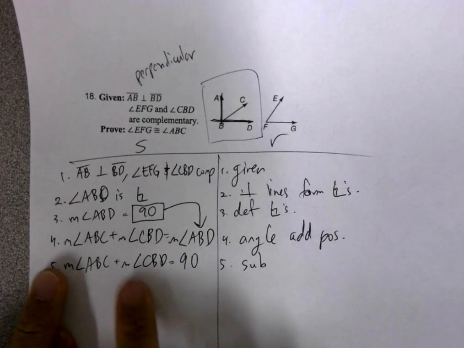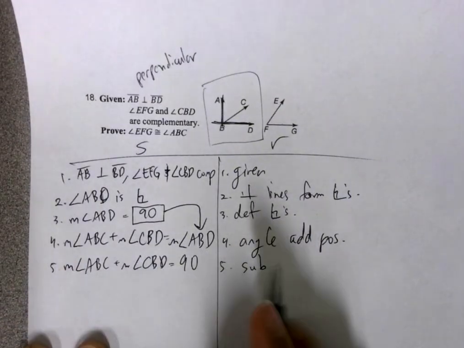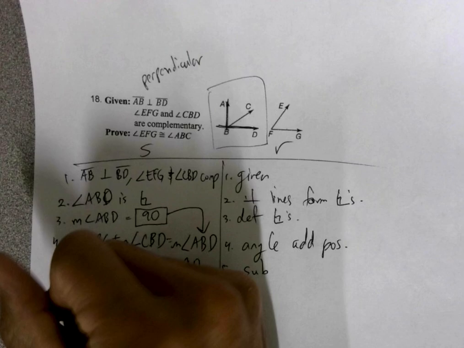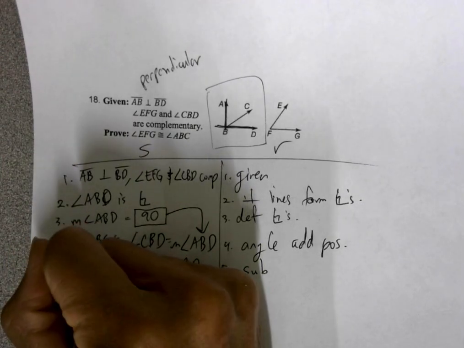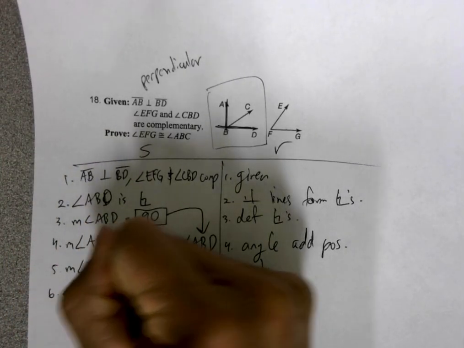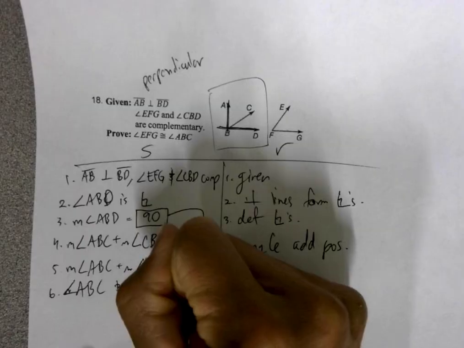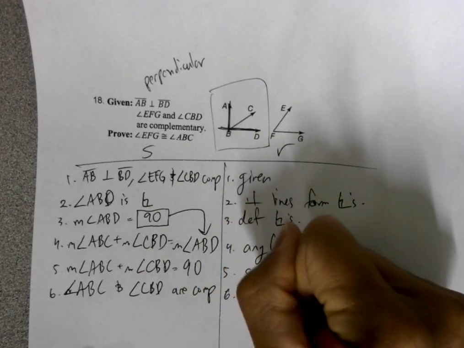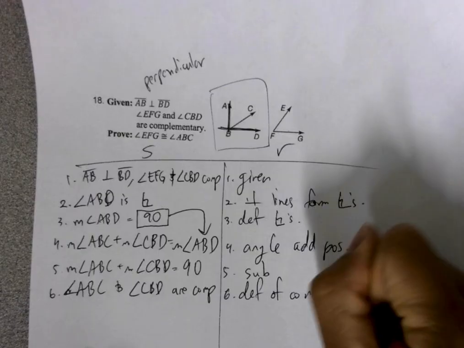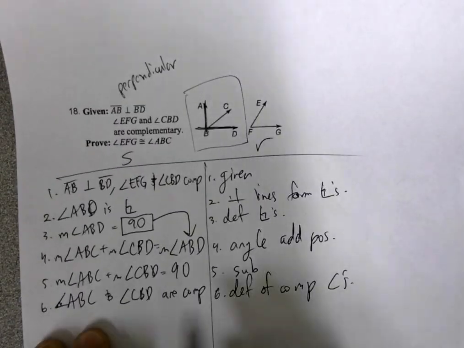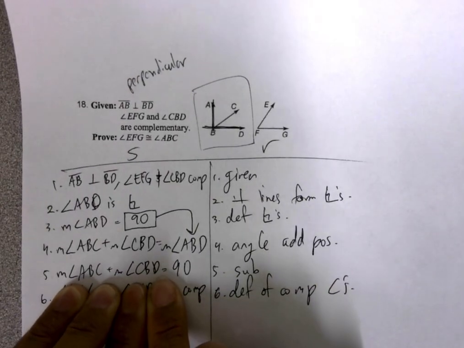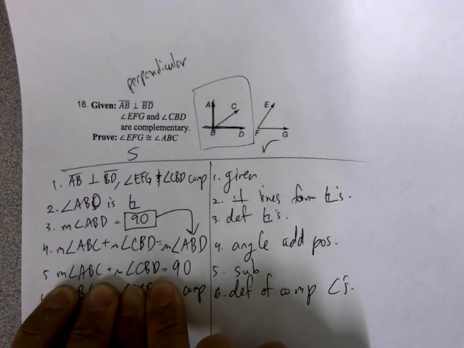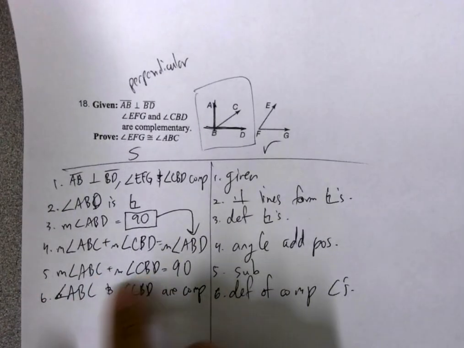Those two are adjacent, and so we can apply the definition of complementary angles to say that angle ABC and angle CBD are complementary. So number 6 is going to be definition of complementary angles. Remember that definitions let us go from equation to statement. They also let us go from statement to equation. In this case, we're going from equation to statement.